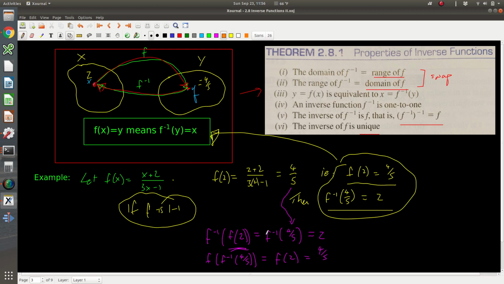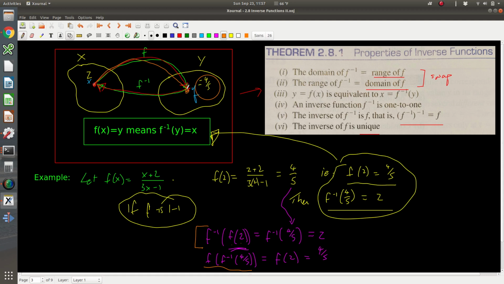And on this figure, that's exactly what it represents. If I start at 2, apply the function f, I end up over here at 4/5. I then take that 4/5, apply the inverse function, and that takes me back to 2. In other words, we do a complete loop back to the original point. The same with this expression, except here we're starting at 4/5.